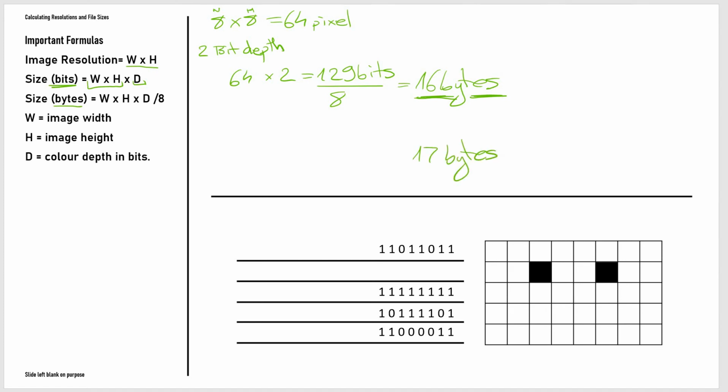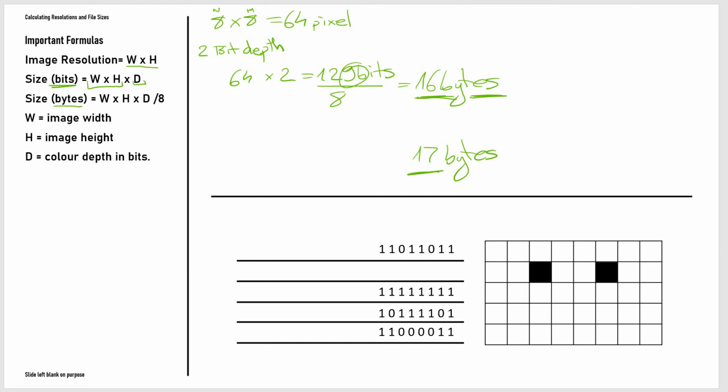So if you're being asked to find out how many bytes an image has, and your calculation is not giving you a whole number, then you give the next number up, so you're rounding it up to the next byte, and you say 17 bytes, because it will use an entire byte to store that extra bit in there. I mean, it's such a small amount, computers don't really care about these anymore, so your answer should be a whole number like this one. You don't have to say 17 point something something bytes, you just say 17 bytes.